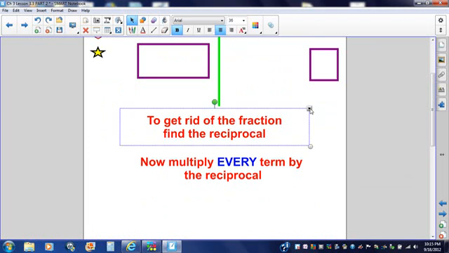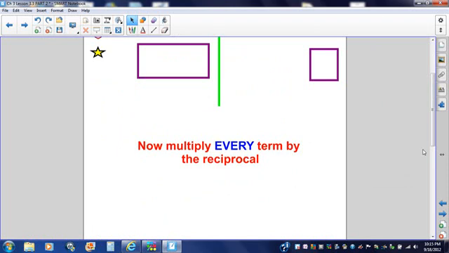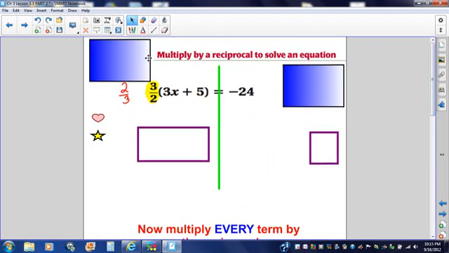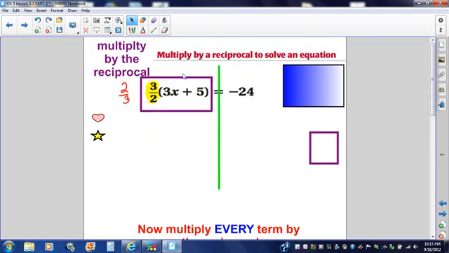Now that I found the reciprocal, I'm going to multiply every term by the reciprocal. So this is all one term right here. I am going to multiply this term that's in my box by the reciprocal of 3/2, which is 2/3.